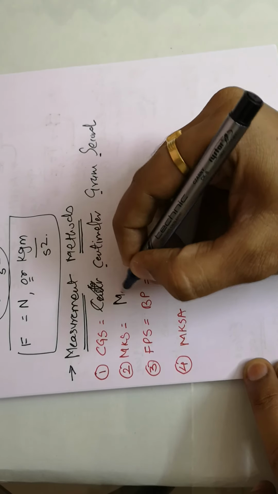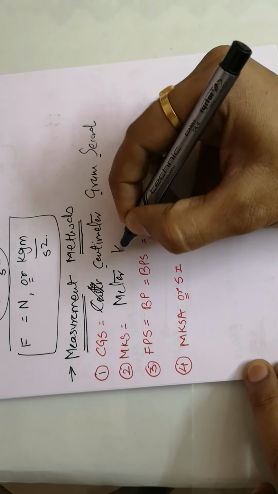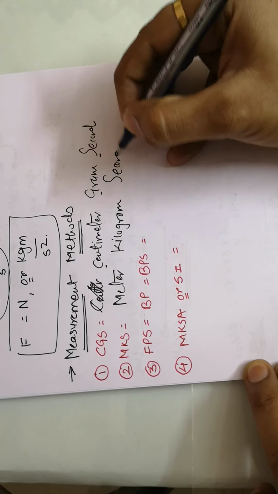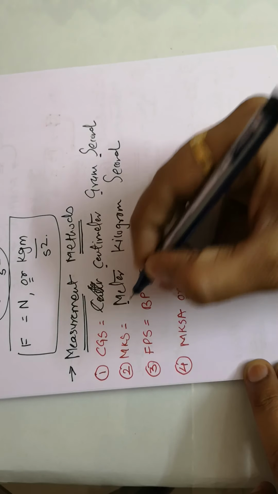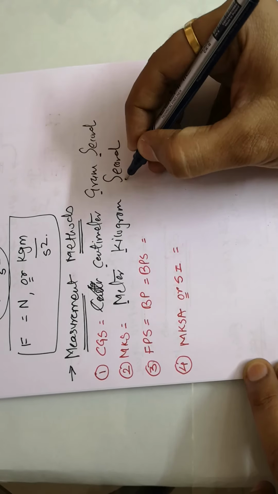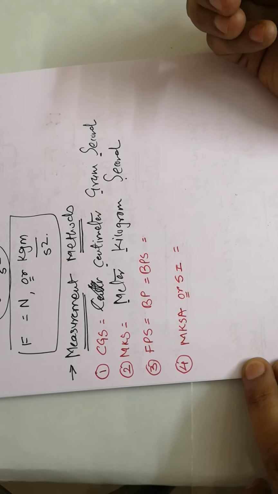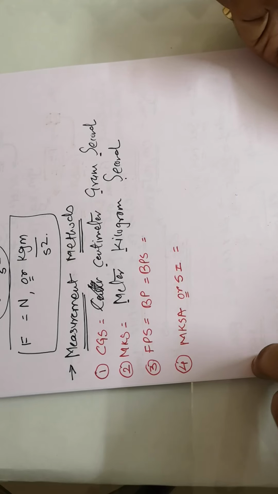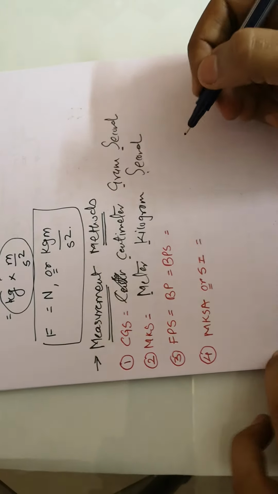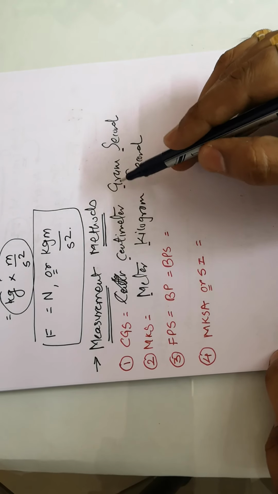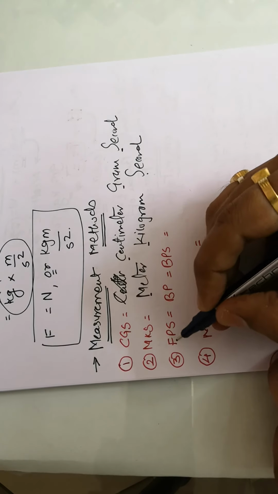MKS is the meter, kilogram, and second method. As you are aware, meter is the unit of length, kilogram is the unit of mass, and second is the unit of time. The same goes for centimeter, gram, and second: length, mass, and time.